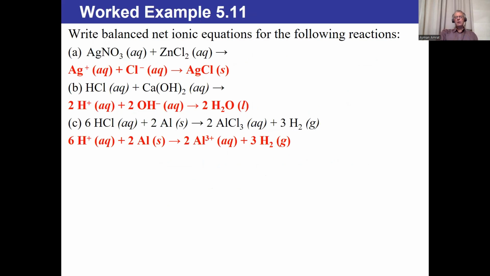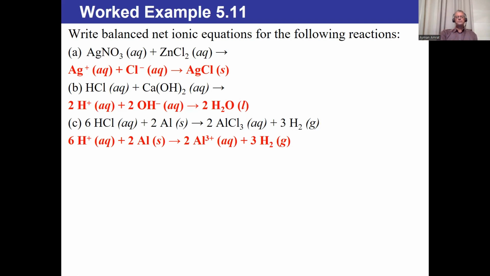Write a balanced net ionic equation for the following: AgNO3 plus ZnCl2, a double displacement reaction. Ag with Cl forms AgCl solid. Zn with nitrate forms Zn(NO3)2 aqueous, so it can be ionized.